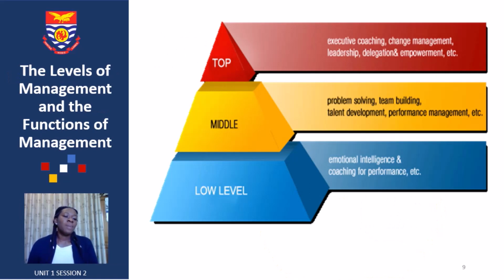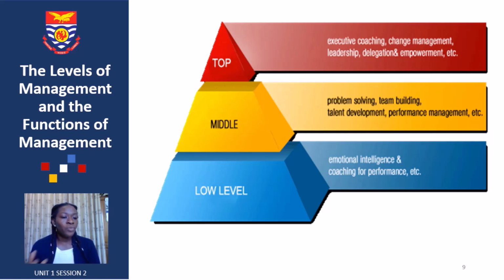Now, the levels of management basically are 3. We have the top level, the middle level, and the lower level management. When it comes to the top level, we have your executives and the leadership. Typically, like in the University of Cape Coast, we have the top management team.